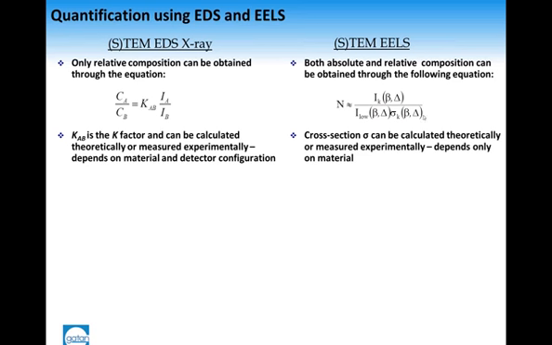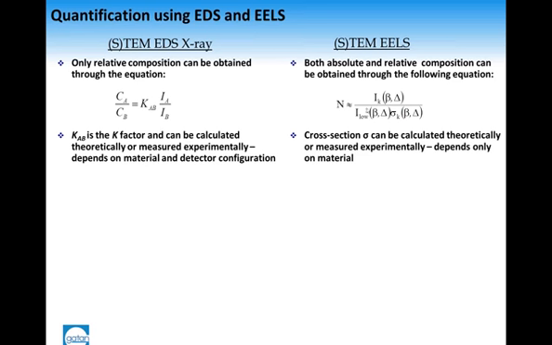If you switch to EELS, this is the formula that we use for quantification. The N is not a relative amount, relative composition, but it's basically areal density. So here we're talking about absolute quantification. So here we're talking about a number of atoms and not relative composition. And this depends on the I_K, which is the intensity of a particular edge of a particular element that we want to quantify for a given collection angle and integration window, divided by I_low-loss.